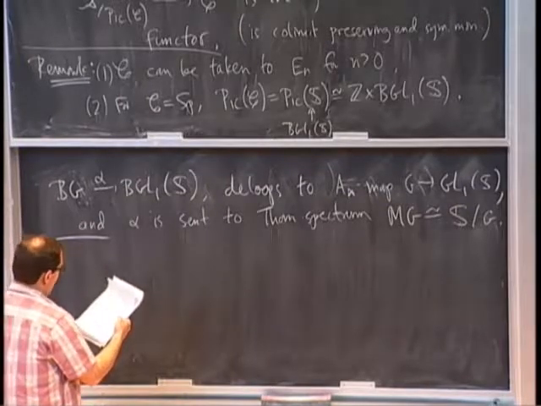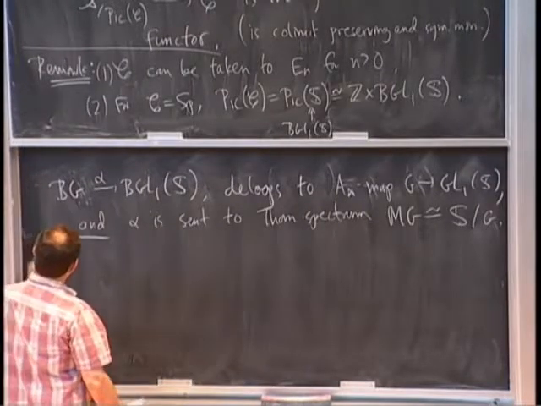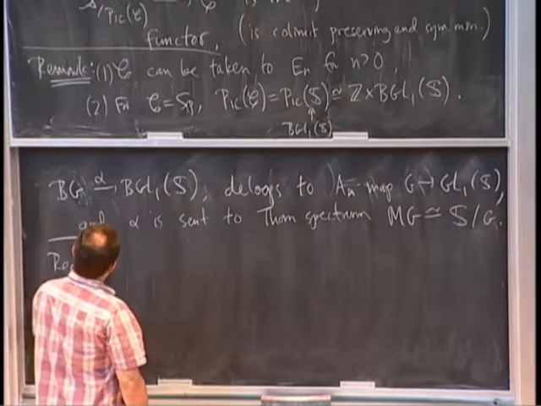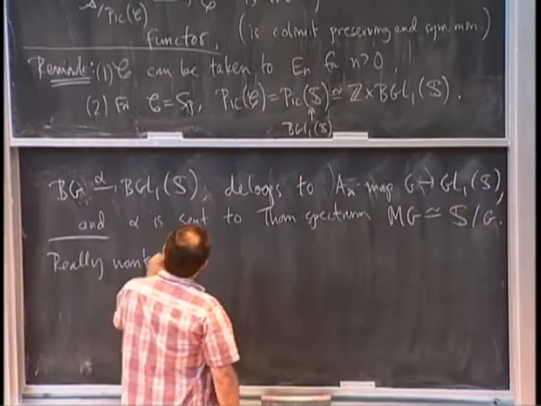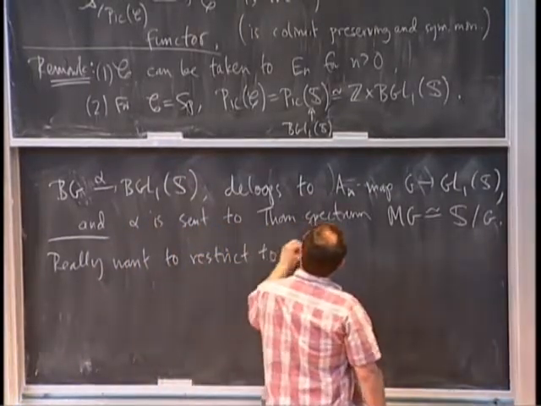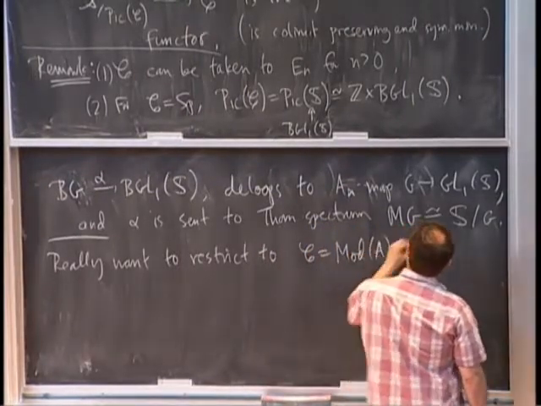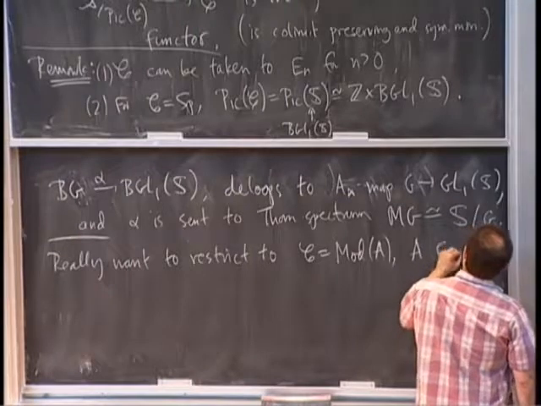So even though I said it before over here, now I really want to restrict to C is mod A for A an E infinity ring spectrum.